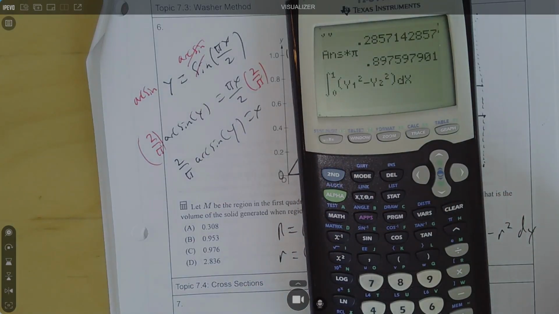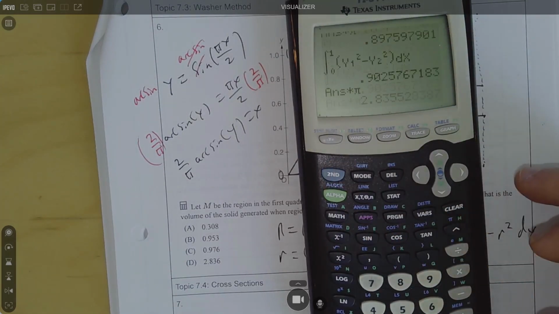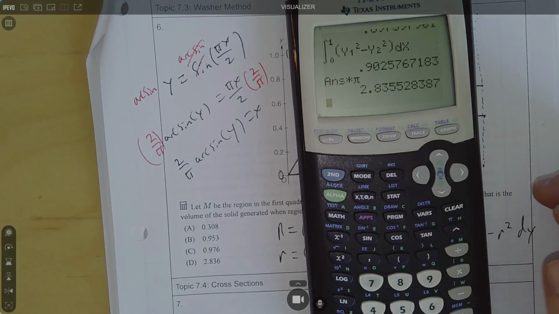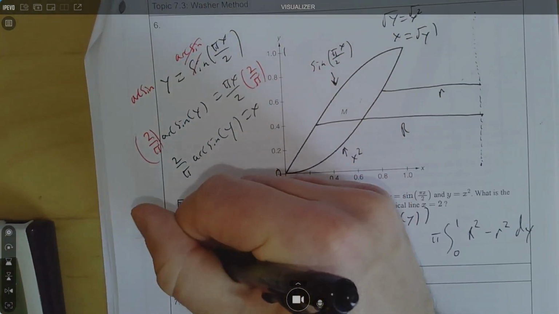Give it a minute. Okay, times pi, 2.836. That is D.